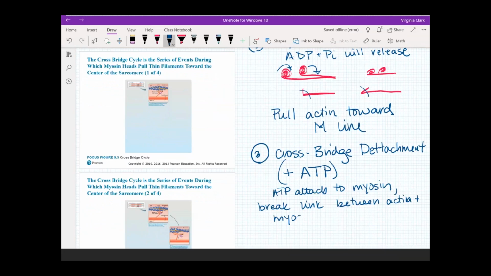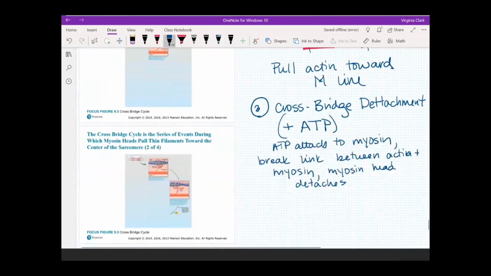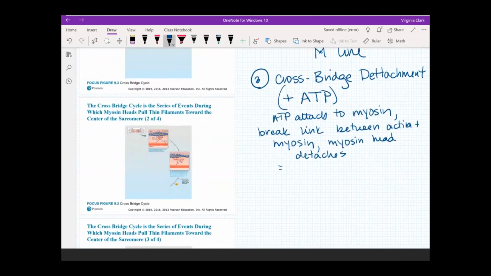So they've been connected, they've formed a cross bridge. When you add ATP, it breaks the connection. And it will do this because the myosin head will detach. So you will break the cross bridge. And so now we are not connecting your actin or your myosin.